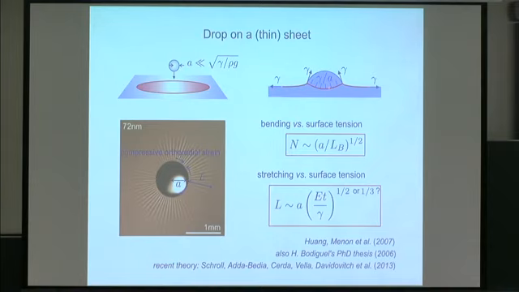You have a curved interface, so you have a Laplace pressure that tends to push down the sheet under the droplet. You also have contact lines that tend to pull up the sheet. And you also have surface tension along the periphery of the sheet, which tends to pull the sheet outwards. So you have a kind of funny balance with this surface tension.